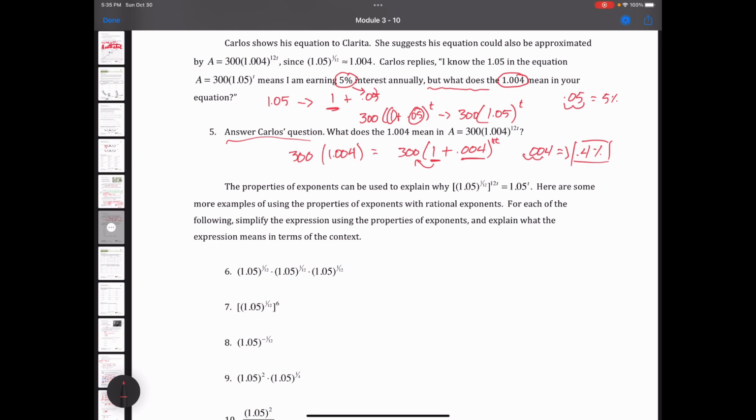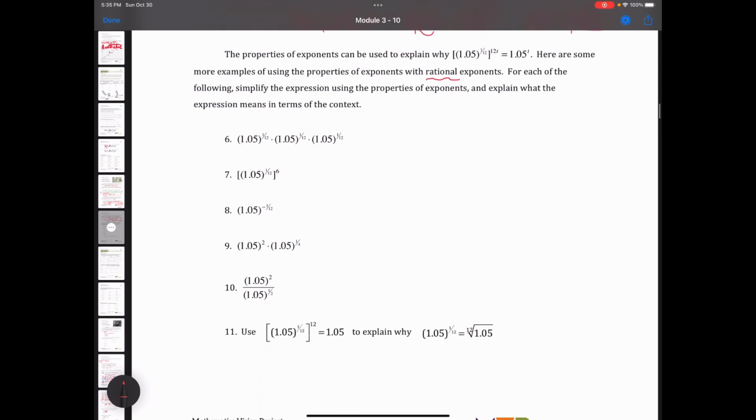Here are some more examples of using properties of exponents with rational exponents. And remember, rational just means it can be represented as a fraction. For each of the following, simplify the expression using the properties of exponents and explain what the expression means in terms of the context.